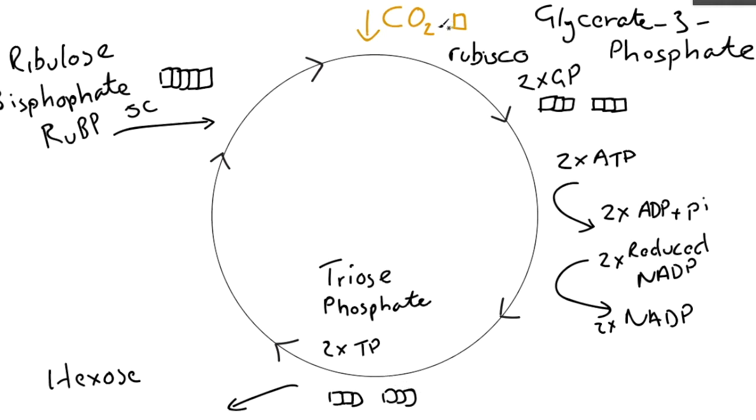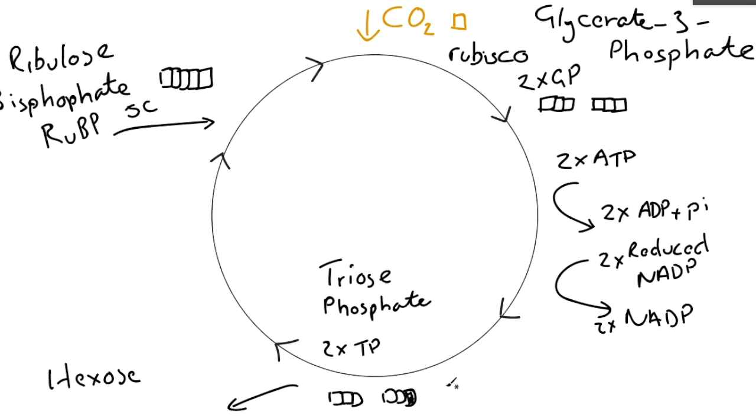We've had 1 CO2 come in, and we've had our 6 carbon molecule ended. But remember at the start we had a 5 carbon molecule, and it has to cycle. So what happens is only one of these carbons stays, and the other 5 carbons carry on up to here.